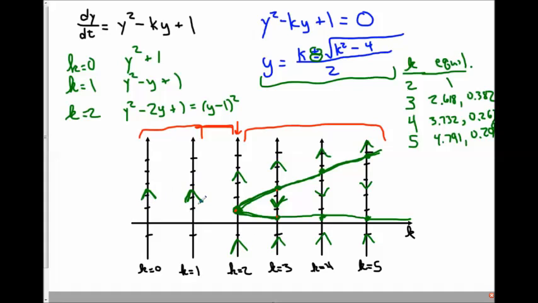So you can see this evolution of the phase line as k changes. And 2, of course, is the key parameter value. And so this is what's called a bifurcation. So a bifurcation is when an equilibrium comes into being as you change a parameter and then splits into 2 or more.